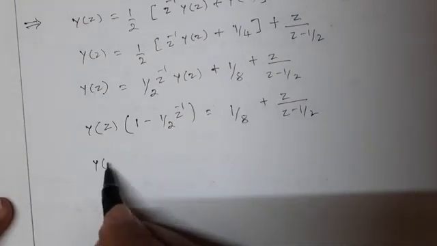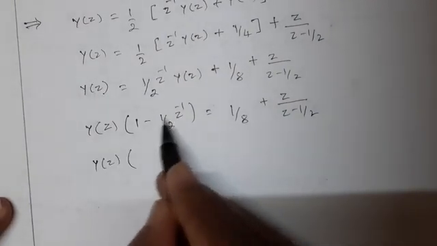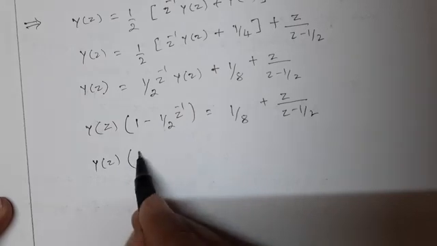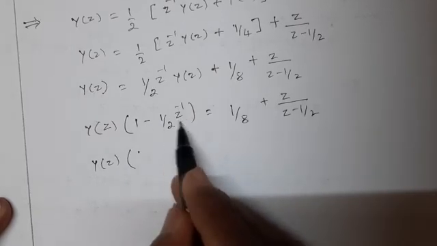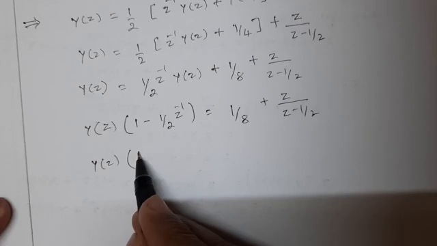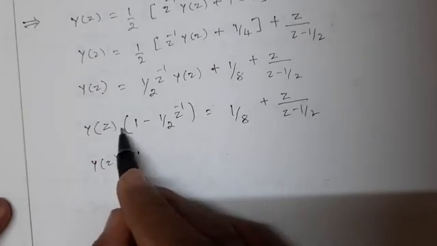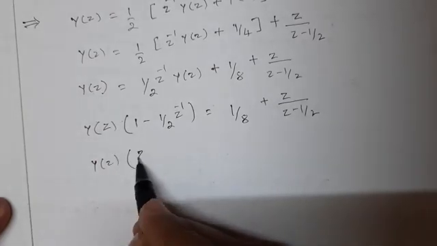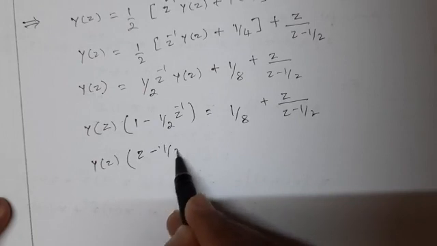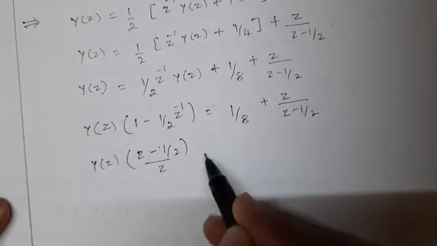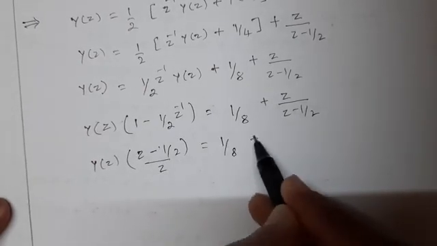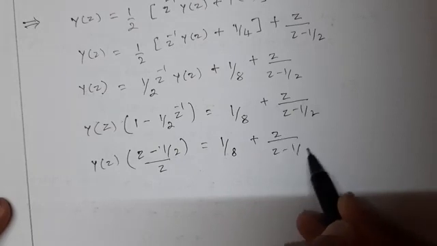When you multiply and divide by z, it gives z minus half divided by z times y of z, equal to 1 by 8 plus z divided by z minus half.